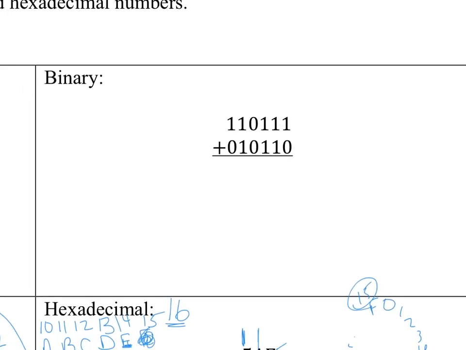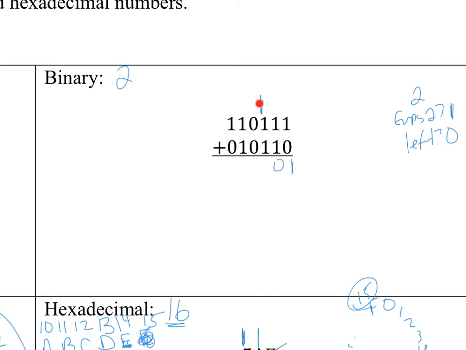Binary is base 2, so we're doing groups of 2. For the first one, 1 plus 0 is simply 1. On this one, 1 plus 1 is 2. We can't have a 2 in binary, so you ask how many groups of 2? There's one group of 2, so that carries over here, and 0 is left, so the 0 goes here.